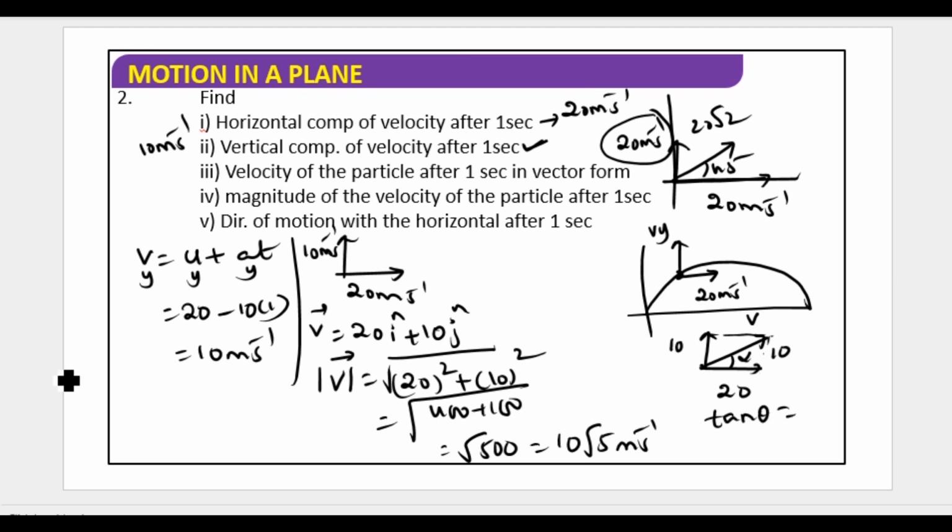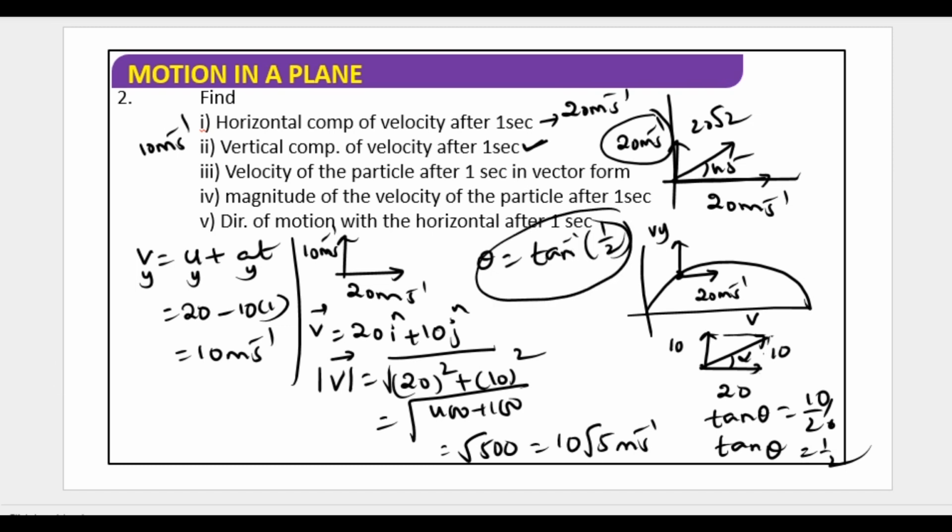Tan theta is equal to 10 by 20. The zeros get cancelled, so tan theta is equal to 1 by 2. Then theta is equal to tan inverse of 1 by 2. This angle gives the direction of motion with the horizontal after 1 second. Clear, children? Let's go to the next problem.